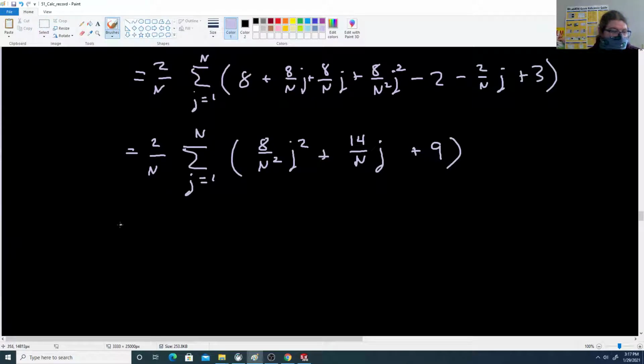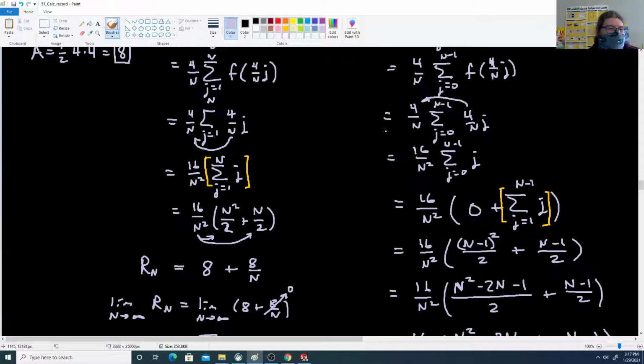So we're going to use linearity to break this up. I'll be able to view this as the sum of j squared, because 8 over n squared is constant with respect to that. So I will have 8 over n squared, sum of j equals 1 up to n of just j squared, plus, whenever I bring this in here, the 14 over n is constant with respect to that.